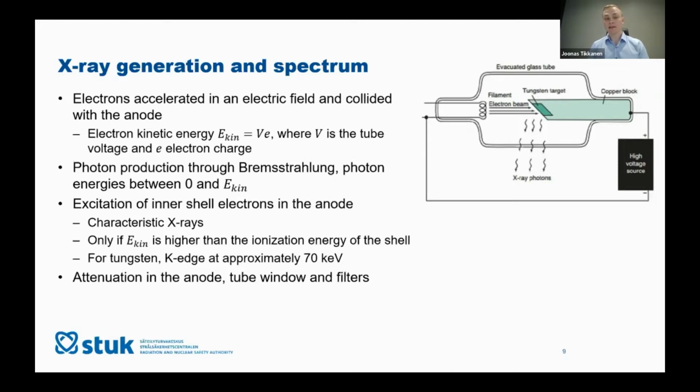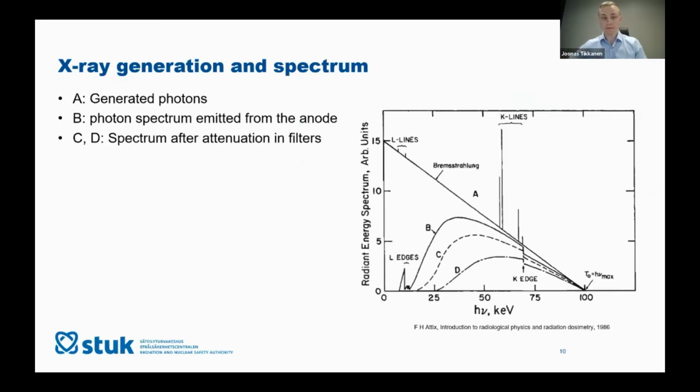And then before we measure the spectrum itself, the spectrum attenuates inside the anode actually, then in the tube window and in the filters. So here in this picture, you can see multiple different spectra. This line A here, that is the spectrum of the photons generated inside the anode. So what photons are born inside the anode.